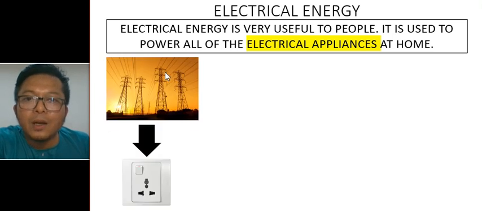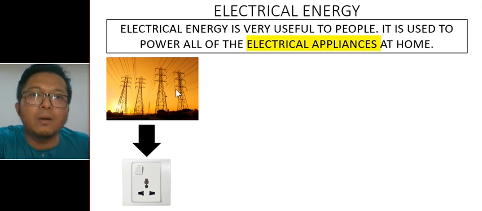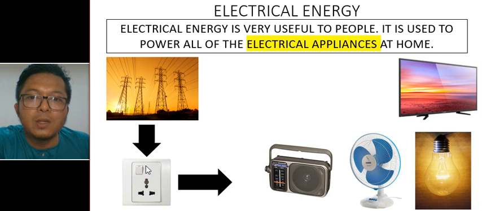Now, electrical energy you get from these power lines. This is for electricity at home. You get it from power lines, and from this socket you can use the electricity for these electrical appliances: television, light bulb, table fan, and what is this?